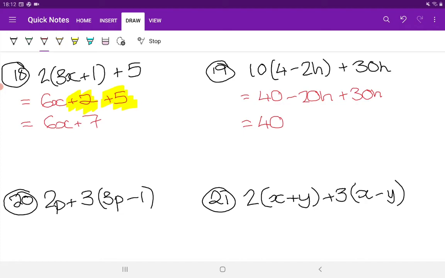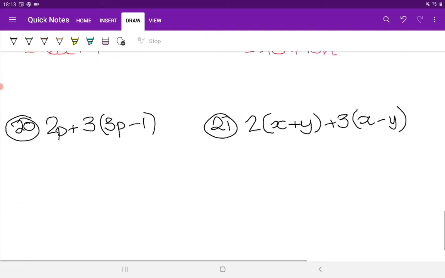There's no other things there that are just numbers, but we've got two things that have got this h. We've got minus 20h, add 30h, which is the same, remember, as 30h take away 20h, so that's going to give you plus 10h when you simplify it, collecting the like terms as another way of describing it.